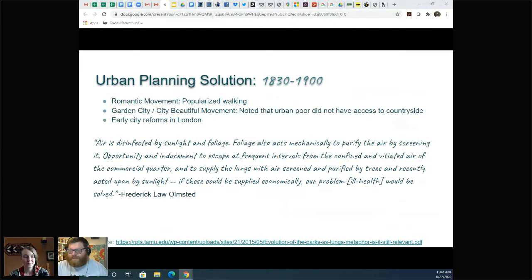So there was more going on at this time. Outside of the medical field, which was thinking about miasmas and things like that, you had the Romantic movement in literature and art going on. And people like Wordsworth, Ebenezer Howard, and Thoreau in this country were popularizing walking and the healing effects of nature and all that stuff.